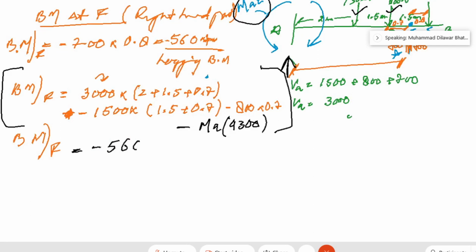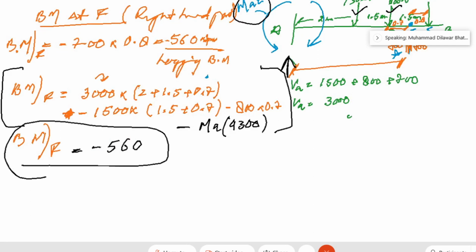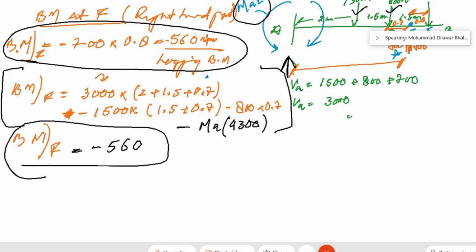Negative 560, to be similar to what you have calculated here, because on either side there will be equal and opposite bending moment. There won't be two different values, there will be two same values.